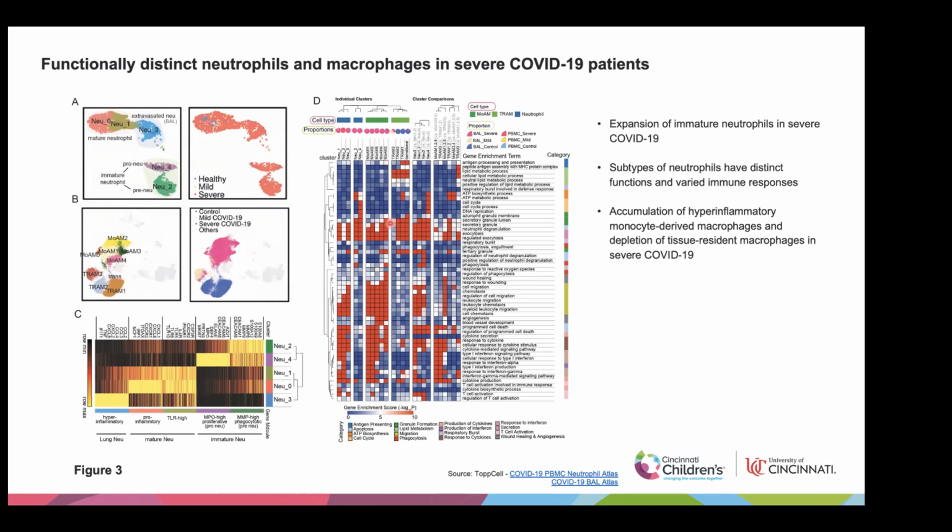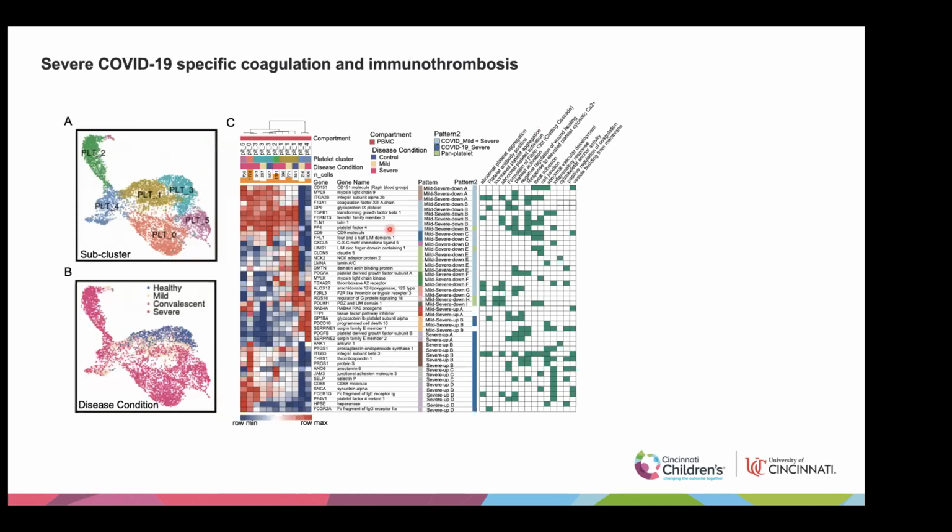There are a lot of details here, and we have more detailed discussion in our paper, so we are not going into too much detail in this presentation. Another view is that we can also look at another very important cell type, which is platelet, because coagulation is widely observed in severe patients, which can lead to very severe symptoms.